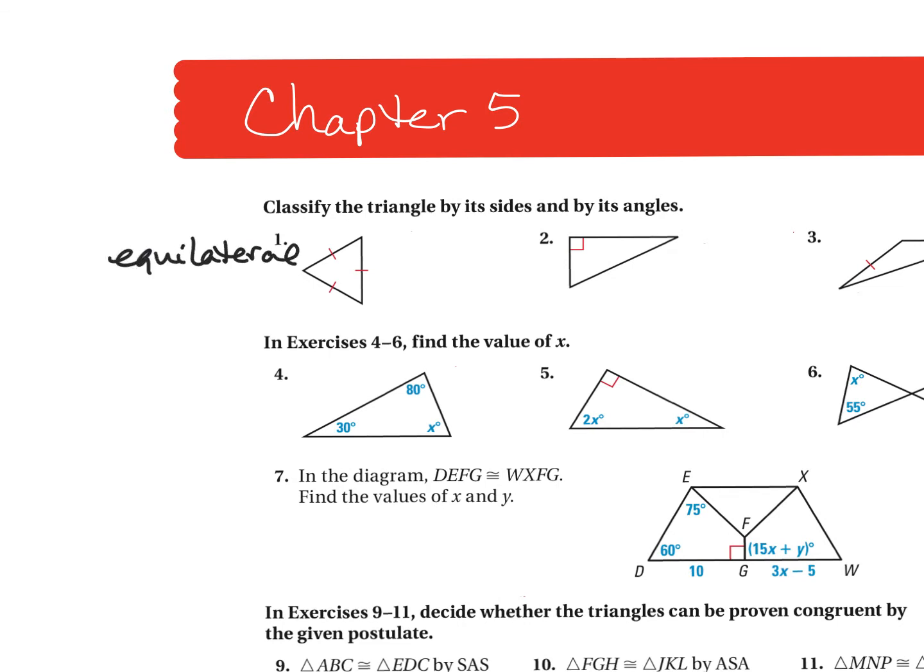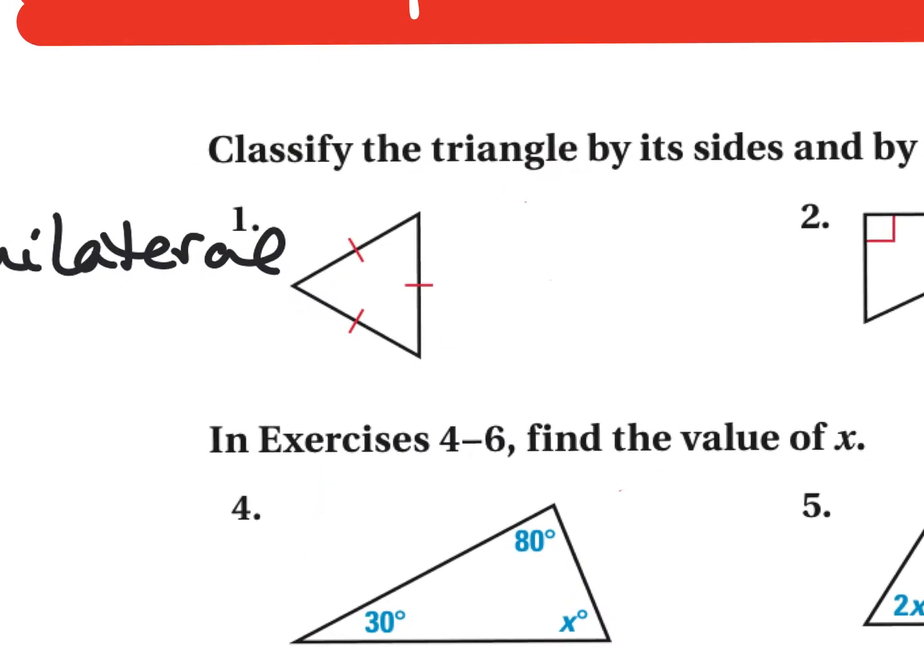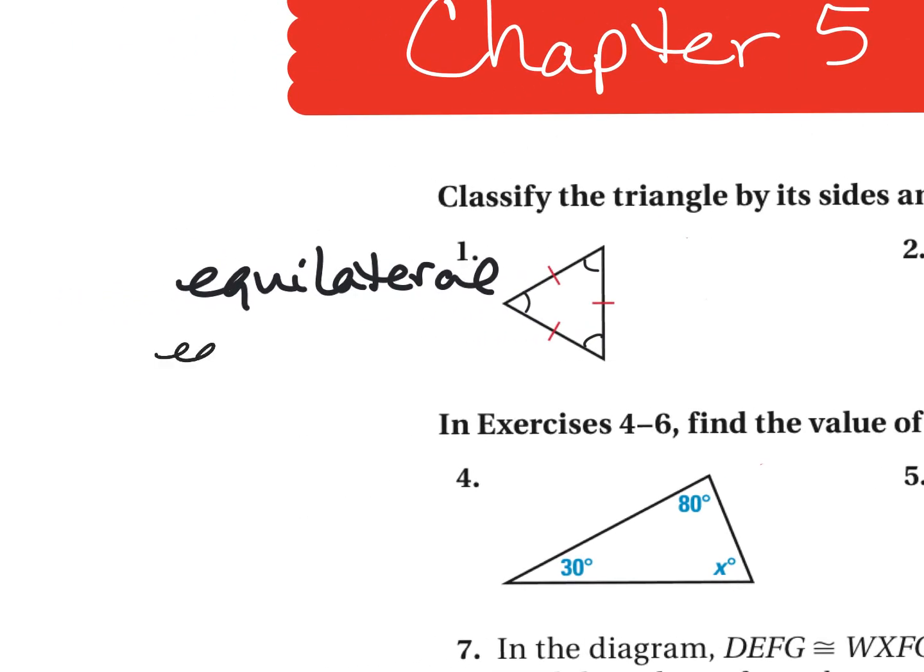And then for the name for the angles, if you realize that when all sides are the same, then also all angles are the same, you could have said that it's also equiangular.